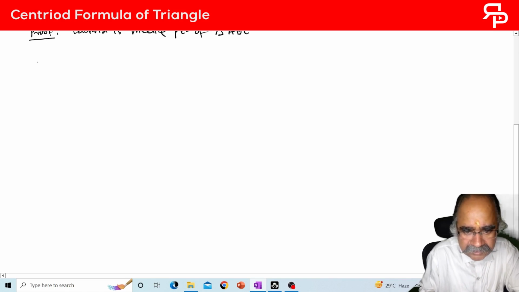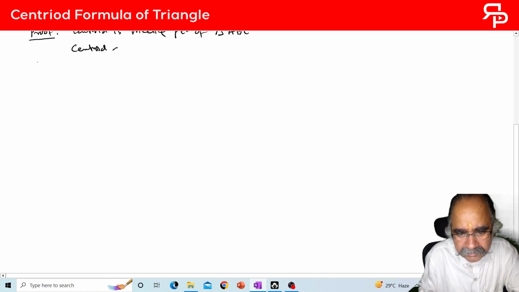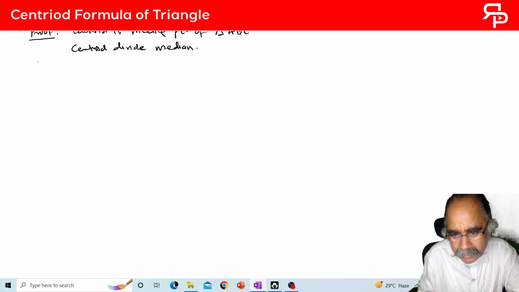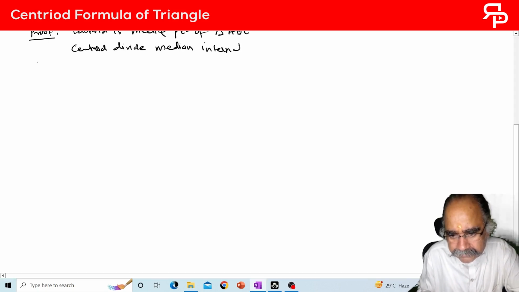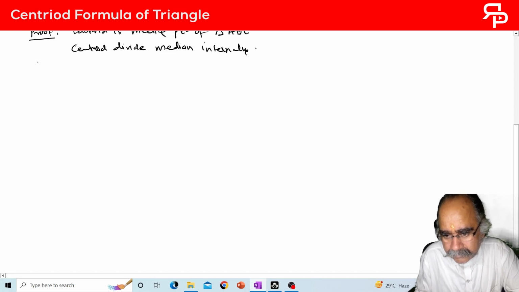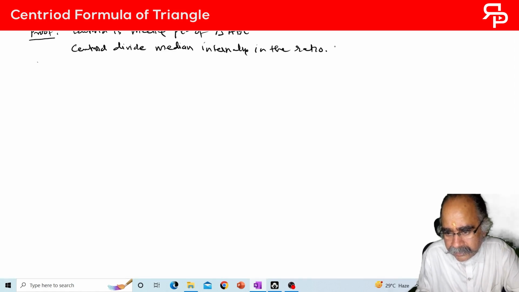This is first point. Second, centroid divides triangle median internally in the ratio 2:1.